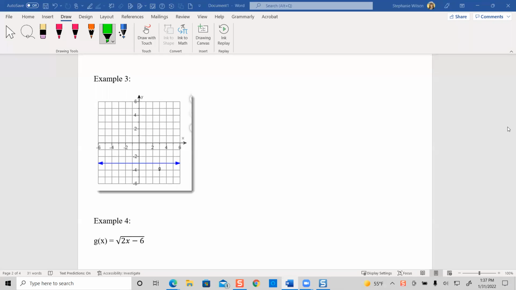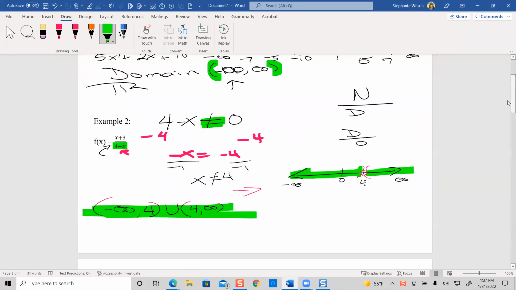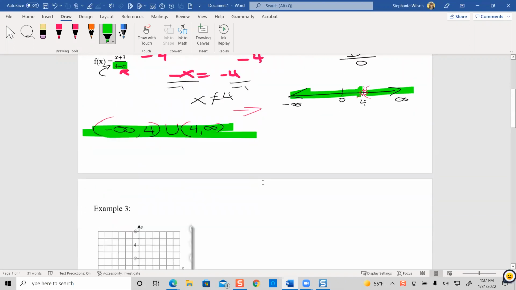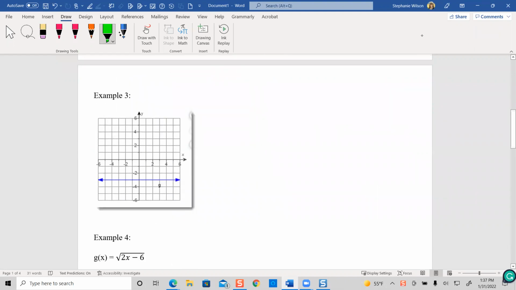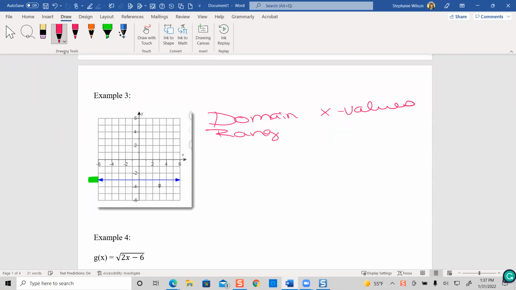So whenever we're talking about domain and range and we're looking at a graph, what we can do, let me get this back on the screen, is determine where the function is. If you notice, it's right here. Whenever we talk about domains, we talk about its x values. Whenever we talk about range, we talk about the y values.